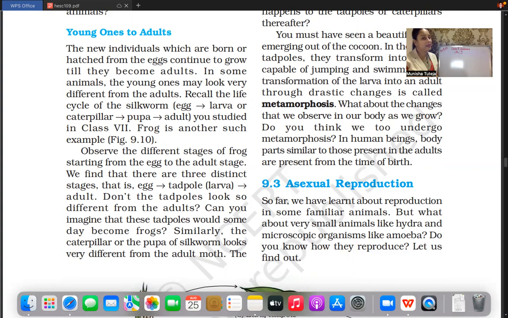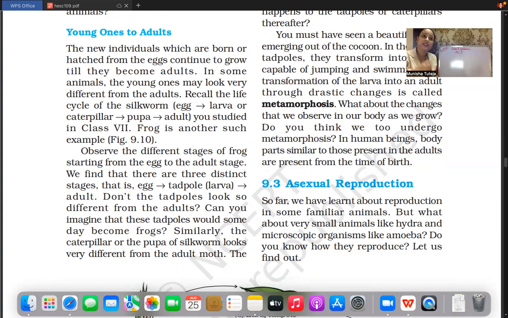Now, frog is another such example. Let's talk about the life stages of a frog. They start from the egg. Frogs also lay eggs. After the egg hatches out, the larva is known as a tadpole. If you remember, what is larva? Larva is something which hatches out of the egg. If it hatches out of the egg of a frog, it will be called larva.